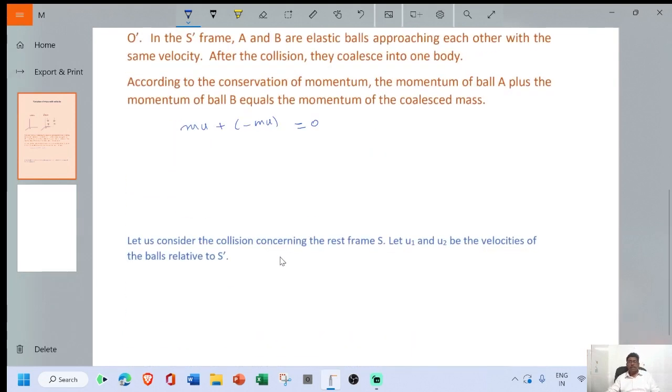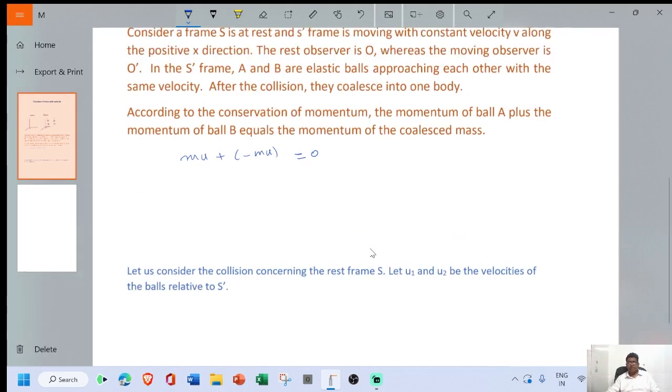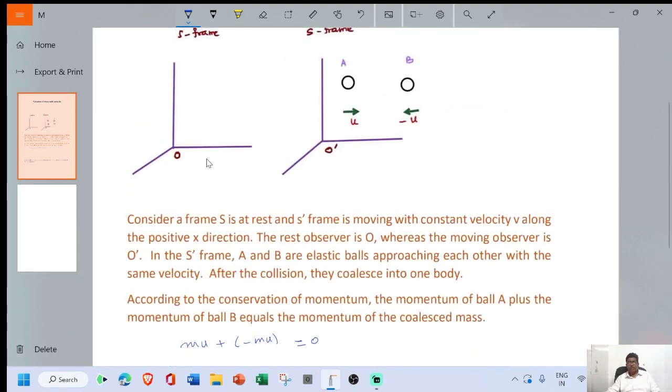Let us consider the collision concerning the rest frame S. For the observer O, the things happening in the dash frame are entirely changed.